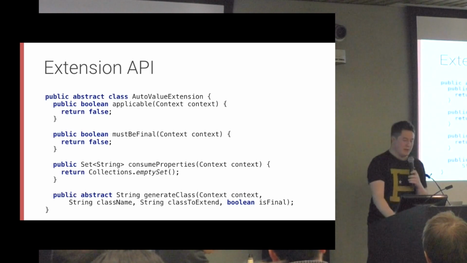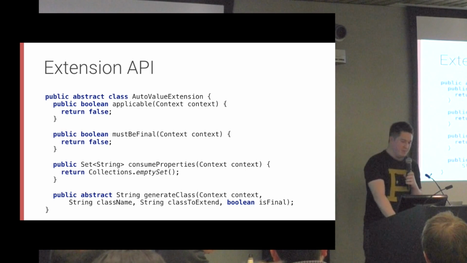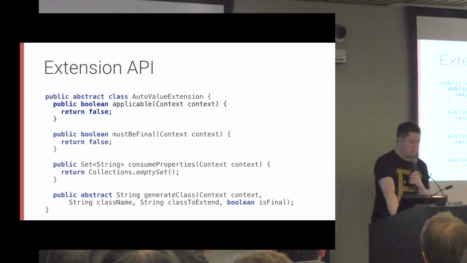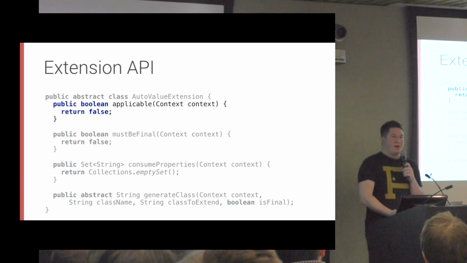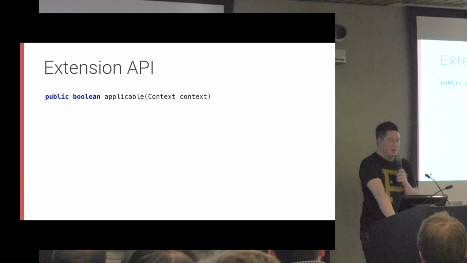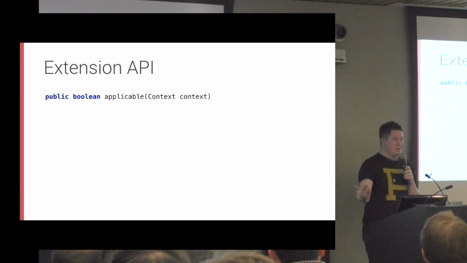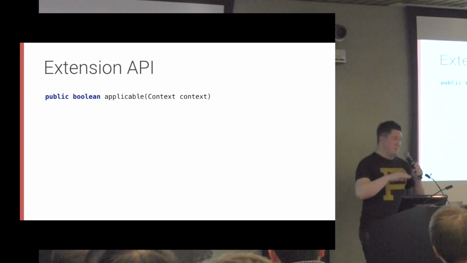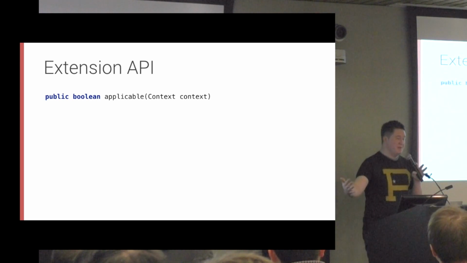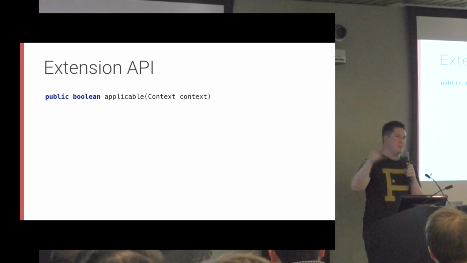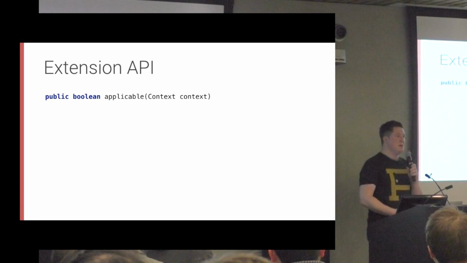So I'm going to go through this super quick because it's very technical, but it's also kind of simple. There's only four methods. The first one is whether or not your extension is applicable. Because we're generating classes and methods in those classes, and potentially you're writing hundreds of these value types, you don't want to always be generating things if you don't actually need them.